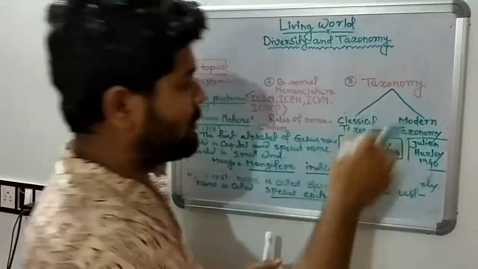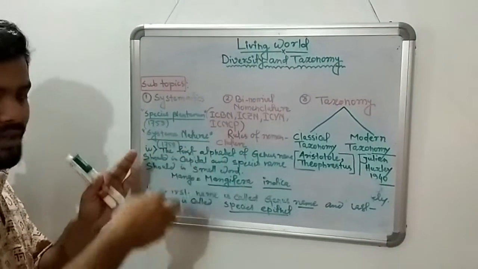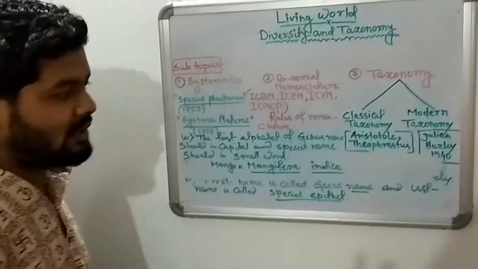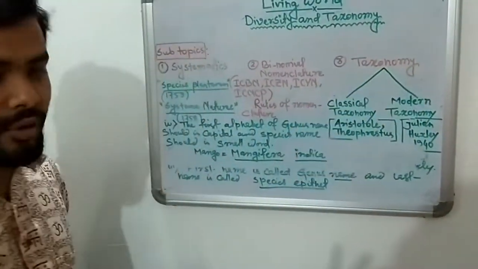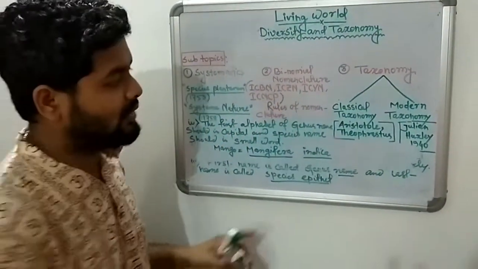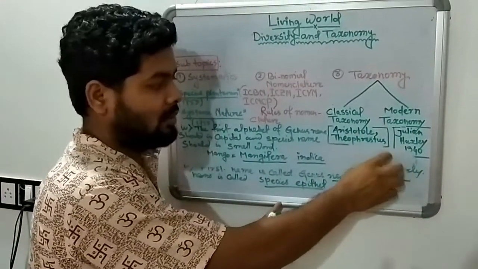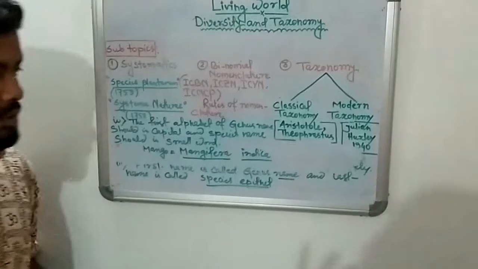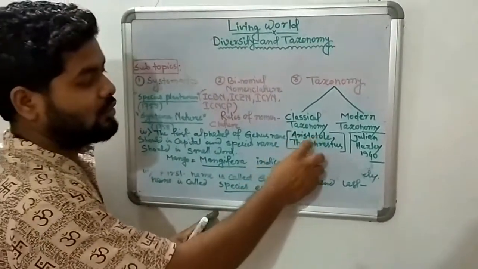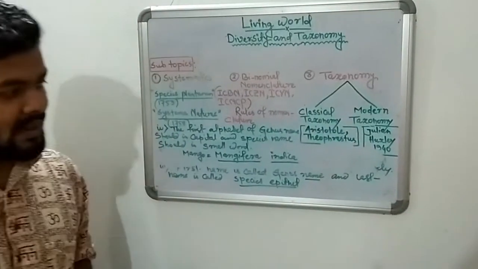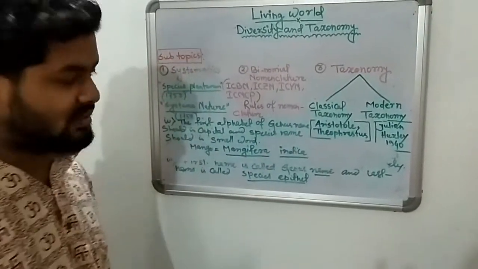Now let's talk about taxonomy. All of these things are correlated with each other. There are two types of taxonomy. One is called classical taxonomy, another is called modern taxonomy. Classical taxonomy was from the days when Aristotle and Theophrastus were there, and it continued up to Linnaeus.